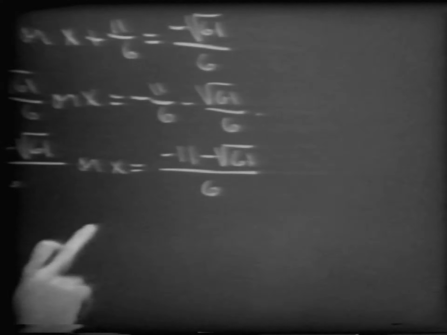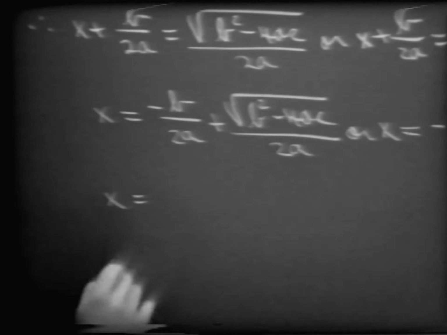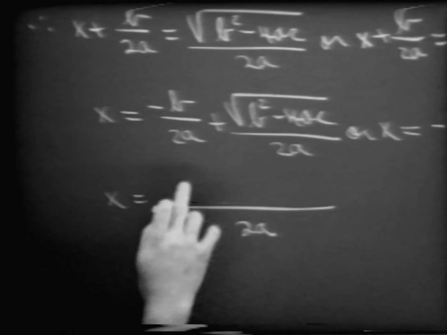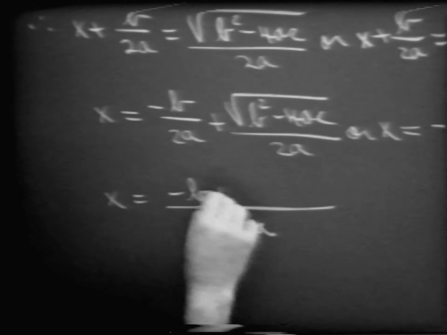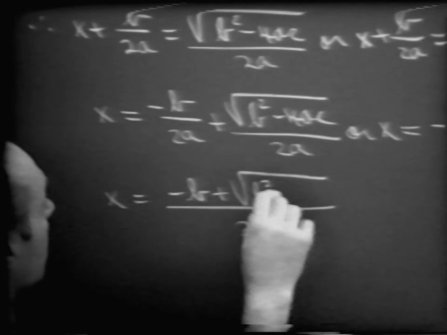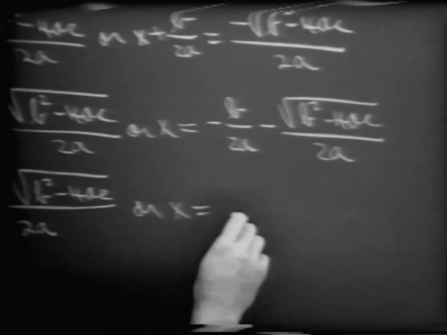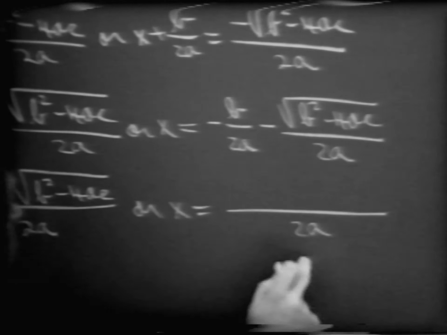Okay? Now, let's look at our general case, in which we then have the same common denominator, which is 2a. So it's all over 2a, and what's in the numerator here? Here we have the opposite of b plus the square root of b squared minus 4ac, or x is equal to, it's all over the same denominator of 2a, and what's in the numerator?